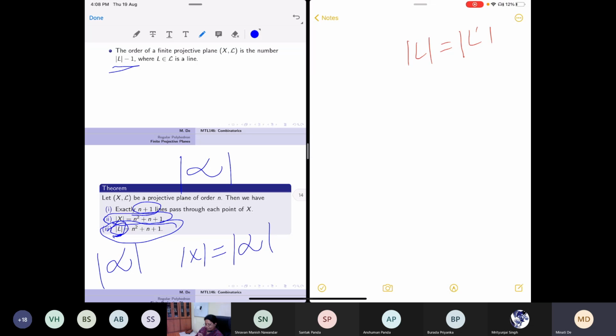So the number of sets in your finite projective plane is exactly equal to the number of points, or in other words, number of points and number of lines are the same.